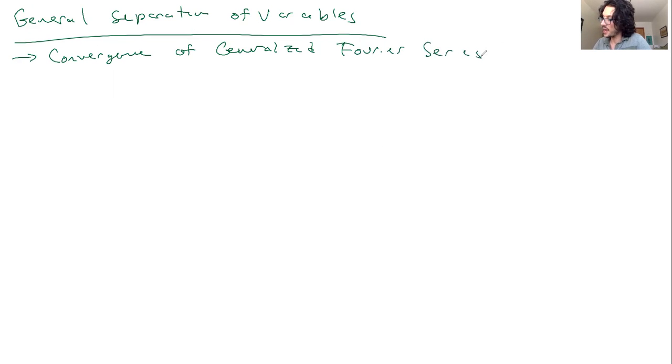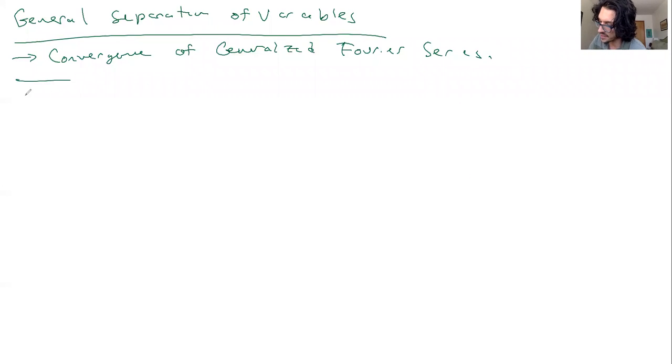What I mean by that is not just sums of trigonometric functions, sine and cosine, but any Fourier series, any complete orthogonal set that you can construct L2 functions from in the L2 norm.